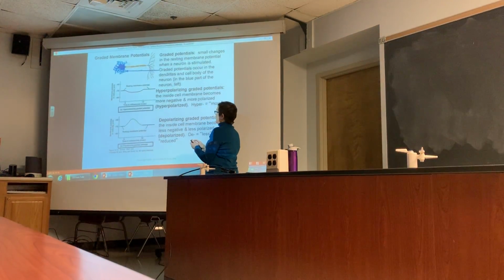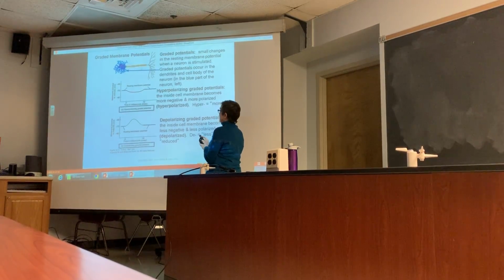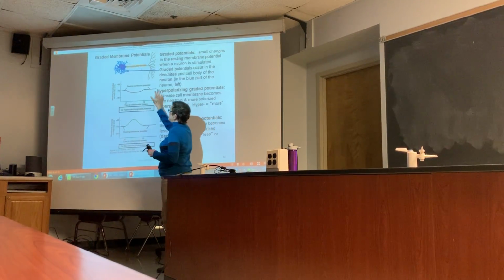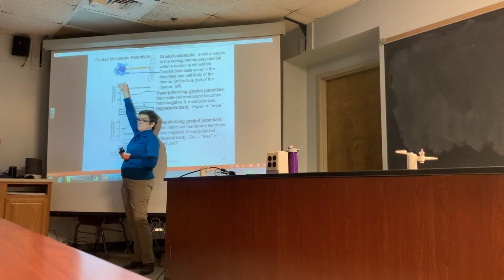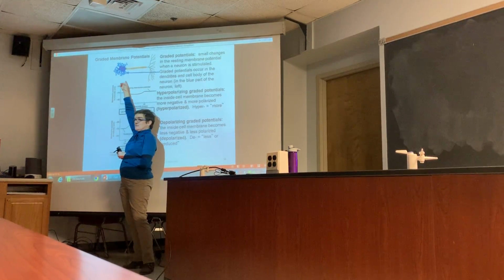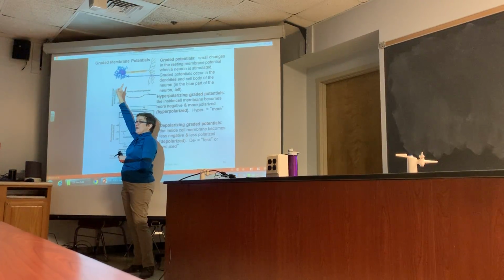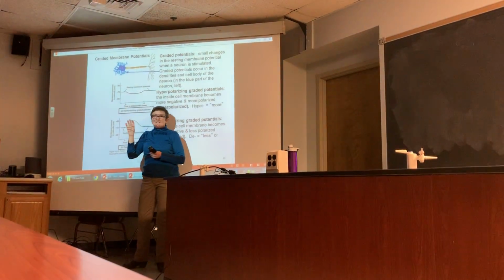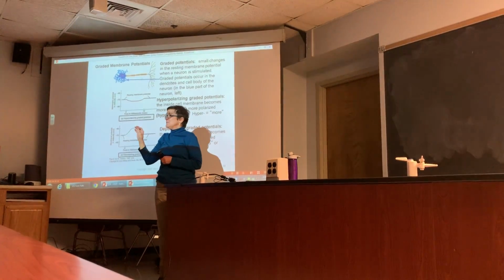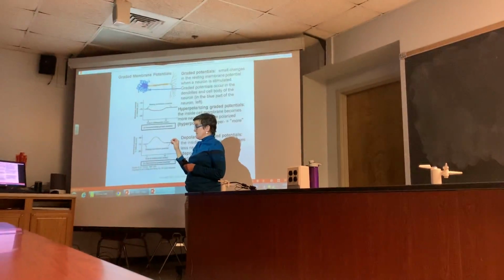But there's another way that cells can be stimulated. This neuron is multipolar, so in this picture, it's not a sensory neuron. Multipolar neurons are either motor or interneurons. And those neurons aren't stimulated by touch or things like that. They are stimulated by neurotransmitters, okay?